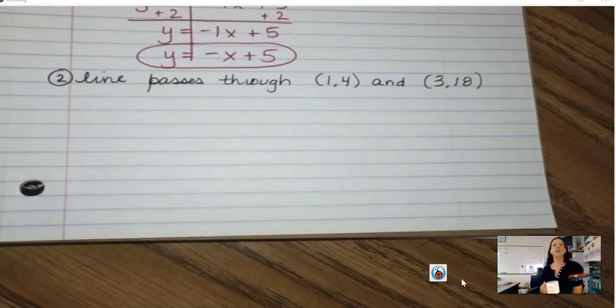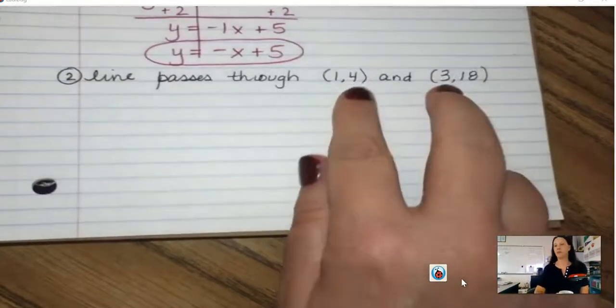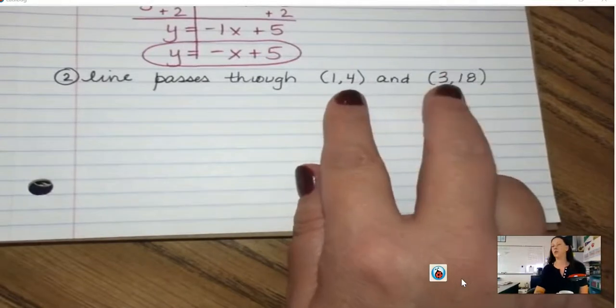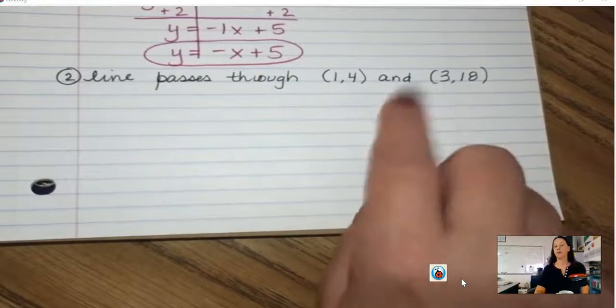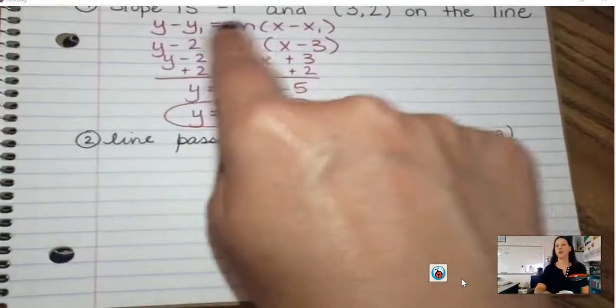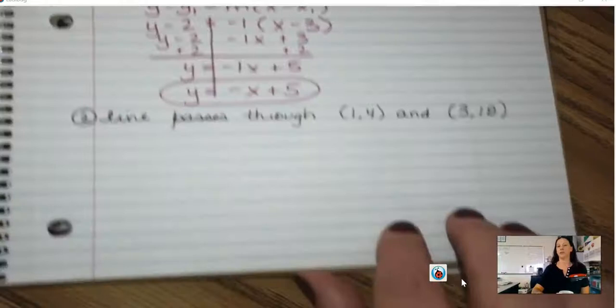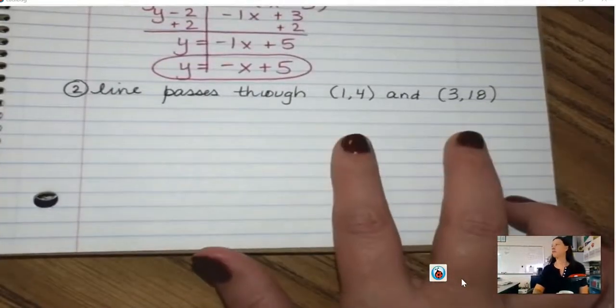So this is just like the example we just did. However, they don't give us the y-intercept here. So you're going to have to figure out the slope first, then pick one of the points and do point slope and convert point slope into slope intercept. So first, go find slope.